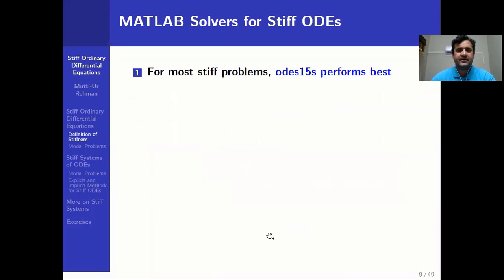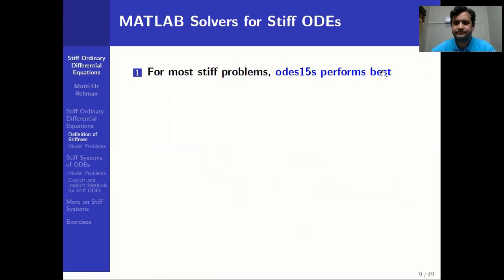Great. Okay, now the point is, you can see which solvers are better compared to the others. For most stiff ordinary differential equations, it's better if you use ode15s, because it performs in a much better way.